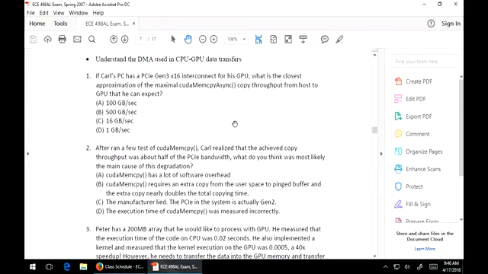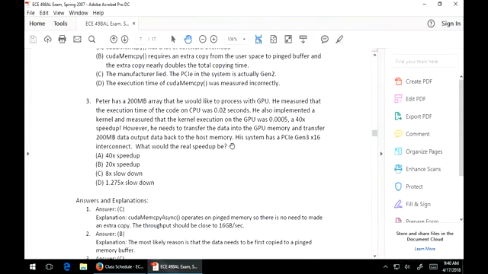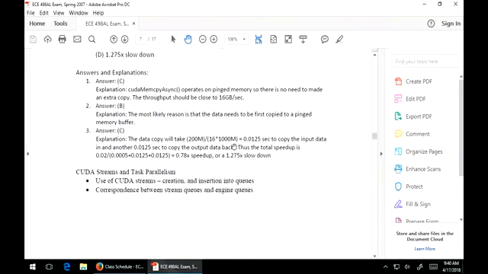You really don't want to transfer data back and forth all the time. You really want to keep the main data structure on the GPU, and you just keep launching kernels and then updating that data from the CPU side occasionally. But you really don't want to do data transfer all the time. And these questions help you to really see some of these important points.